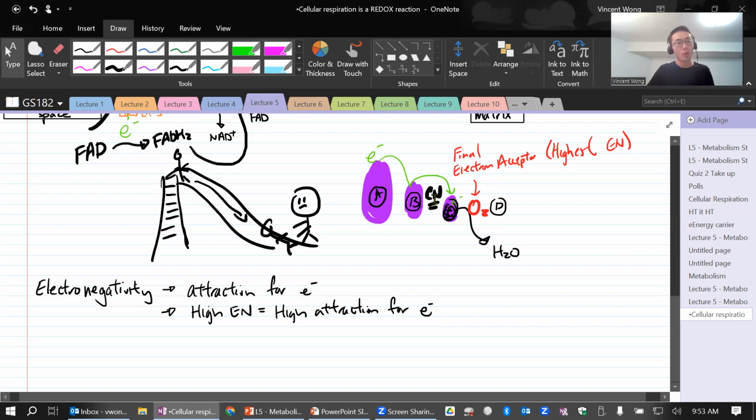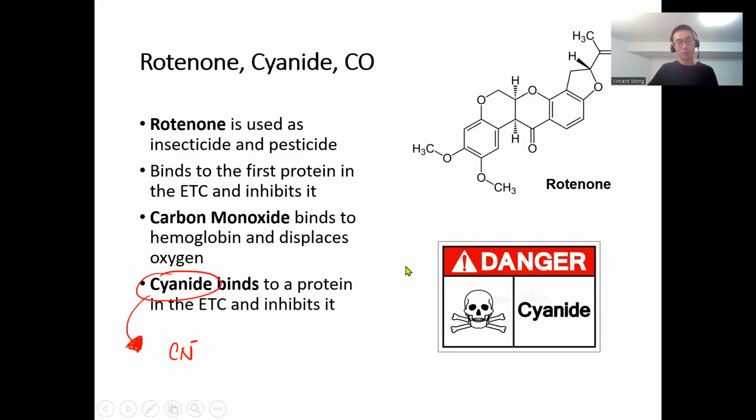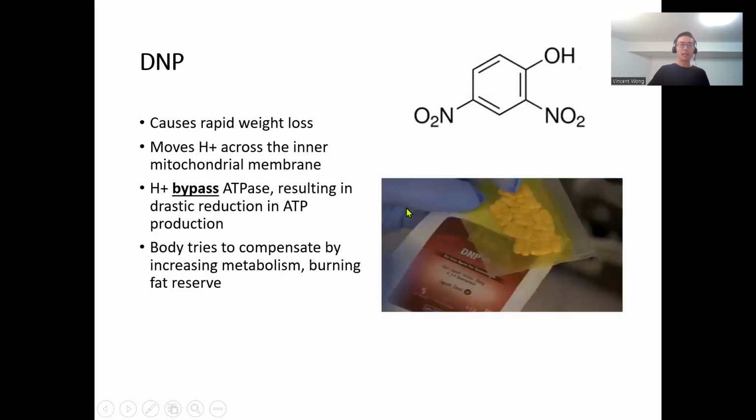So the electron will not want to get off from the ETC and go to oxygen. It stays there. And like I said many times already, if the electrons don't get off, they don't flow. If they don't flow, we don't make ATP. And you get the point now, right? We die. So these are all things that would interfere with the electron transport chain.